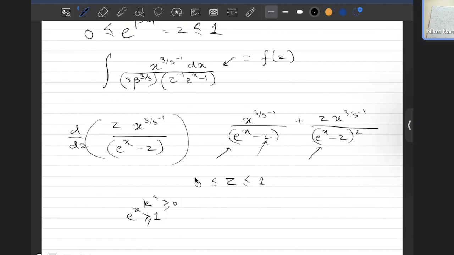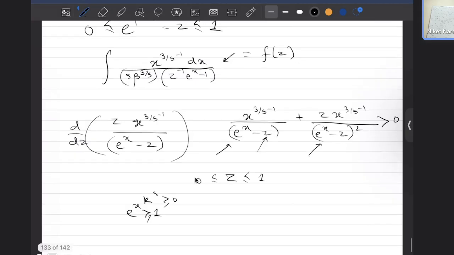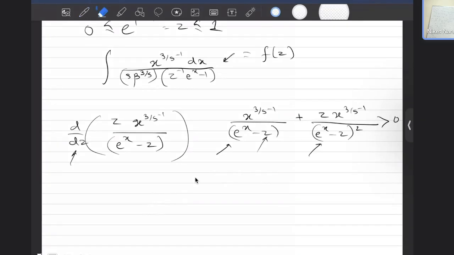Similarly, the second term is always positive. So this is strictly increasing. So basically that's the point, that this function is always increasing. It's monotonically increasing for z. I took the derivative with respect to z.